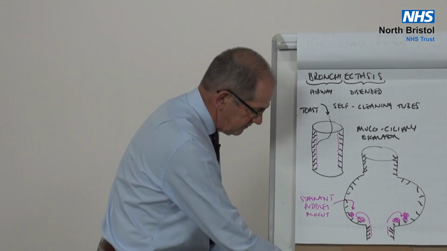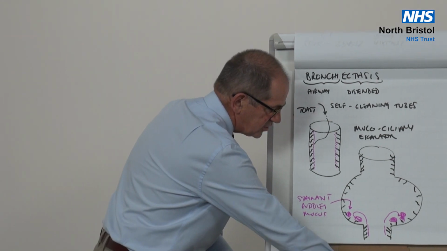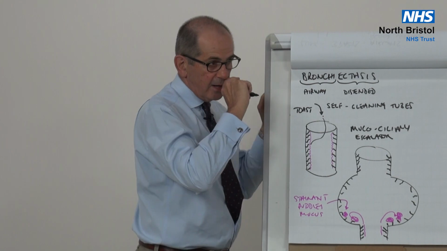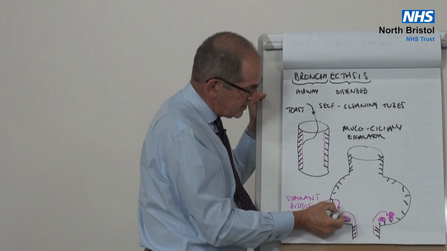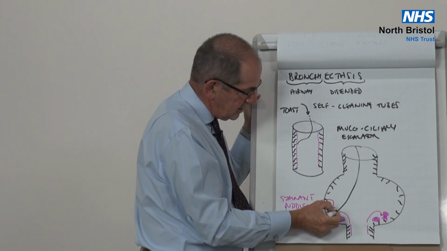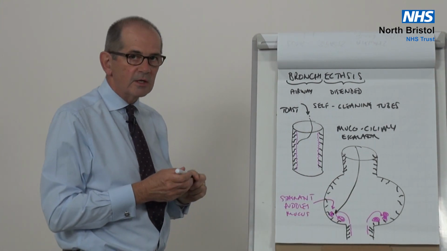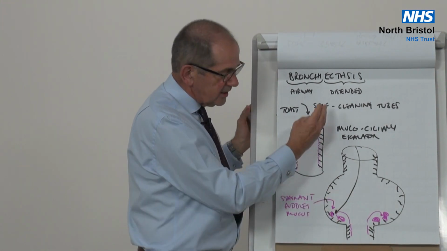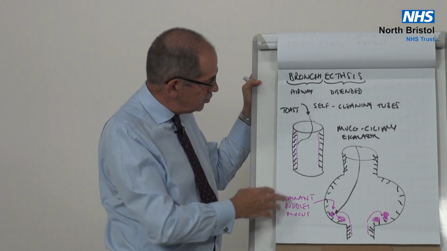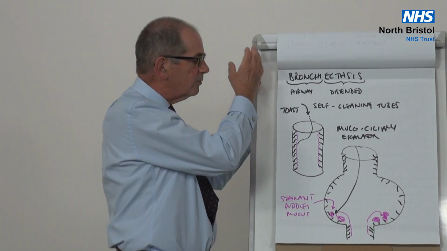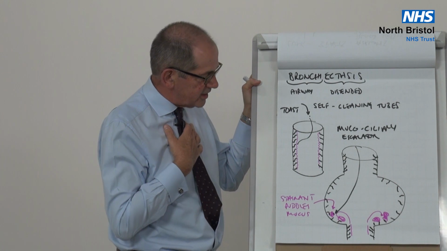And the consequence of this on the self-cleaning function of the lung is that if you breathe in a bug and it lands in the mucus in the bronchiectasis part of your lung, then the lung can't clear the bug out of the chest. Normally, if a bug landed in the lung, it would be moved out by the mucociliary escalator.